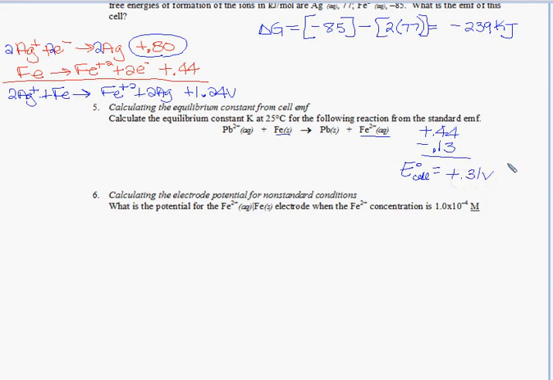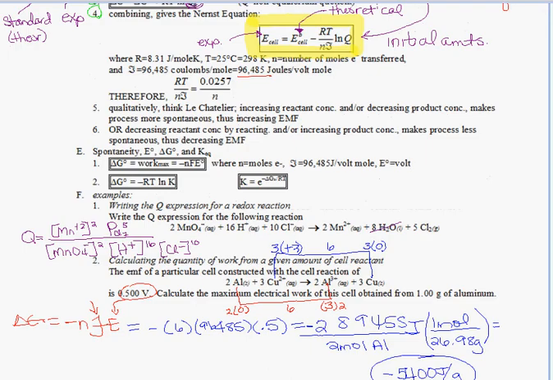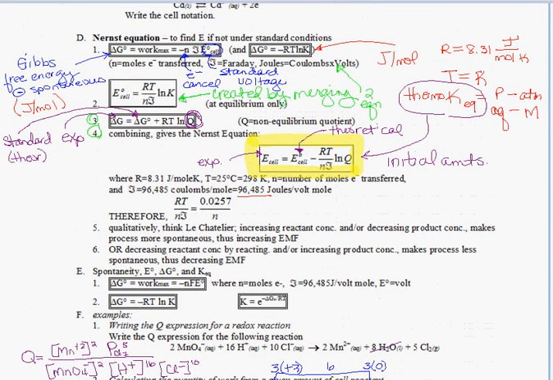volts. All right, in order to calculate the equilibrium constant, again, you want to be able to utilize the equations that were given earlier. So as you scan through your values, the easiest one is going to be this one right here.